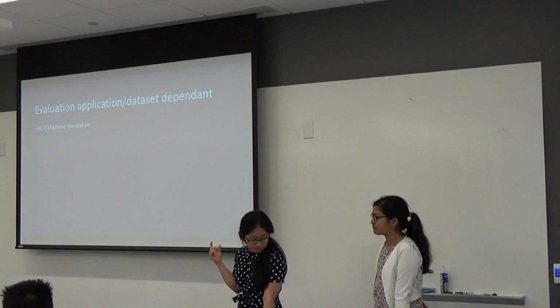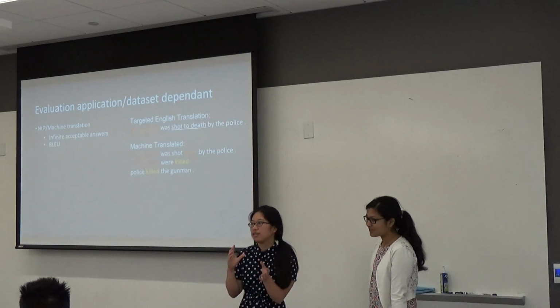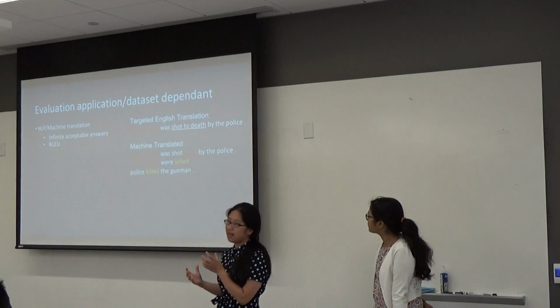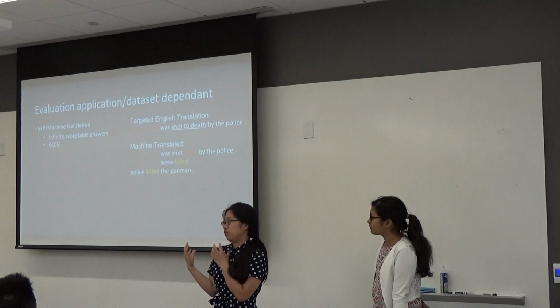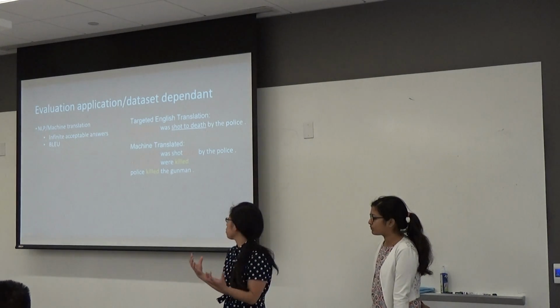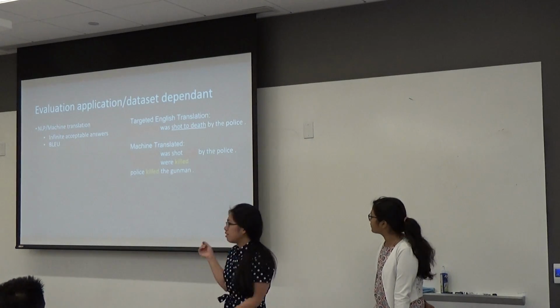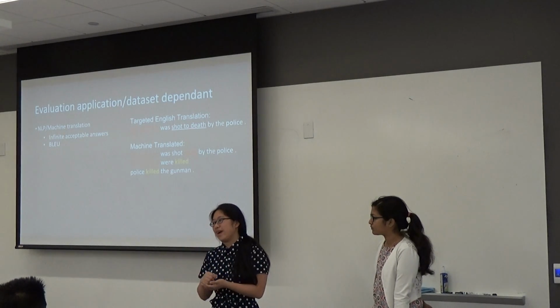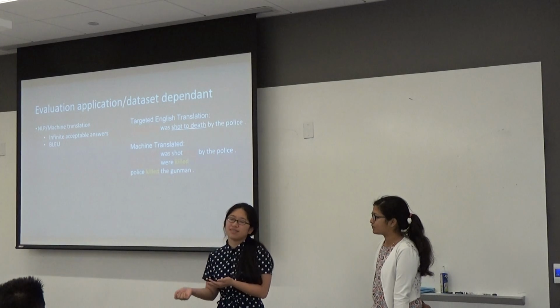Exactly. The problem here is that the acceptable answers are too many, because the property of language is meant to generate infinite concepts or semantics. And if you ask annotators to write a reference text for you, they will write differently.